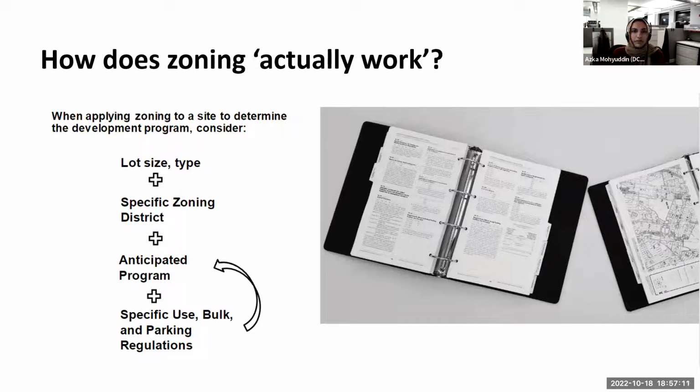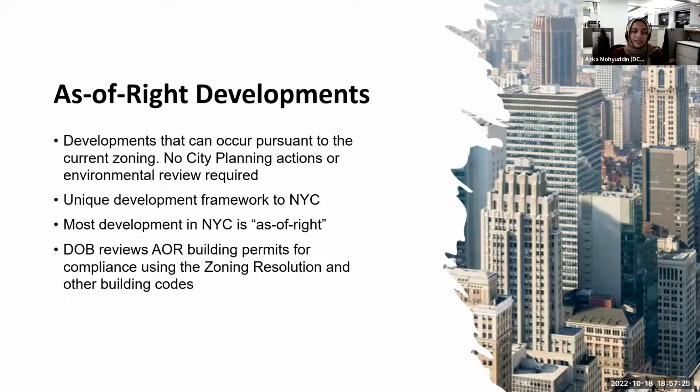An important thing to understand about zoning is its goal and why it's important: a lot of New York City is an as-of-right city. What does that mean? Developments can happen as of right, as long as they conform to the zoning resolution.